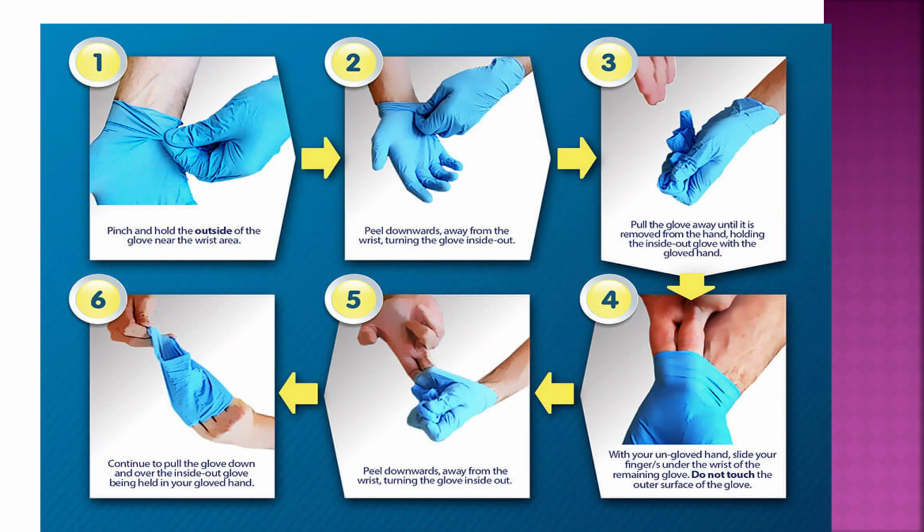Then peel downwards away from the wrist, turning the glove inside out, and continue to pull the glove down and over the inside-out glove being held in your gloved hand. So the first glove is put inside the other glove, then put into a bin, and then hand hygiene.